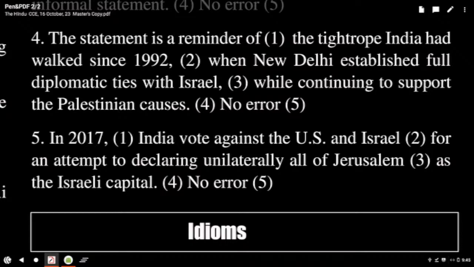Rather easy. In 2017 past, India voted against the US and Israel for an attempt to declaring unilaterally all of Jerusalem as an Israeli capital. Second part, one error. Third part also there's an error. What is that error? An attempt to declaring or an attempt to declare.